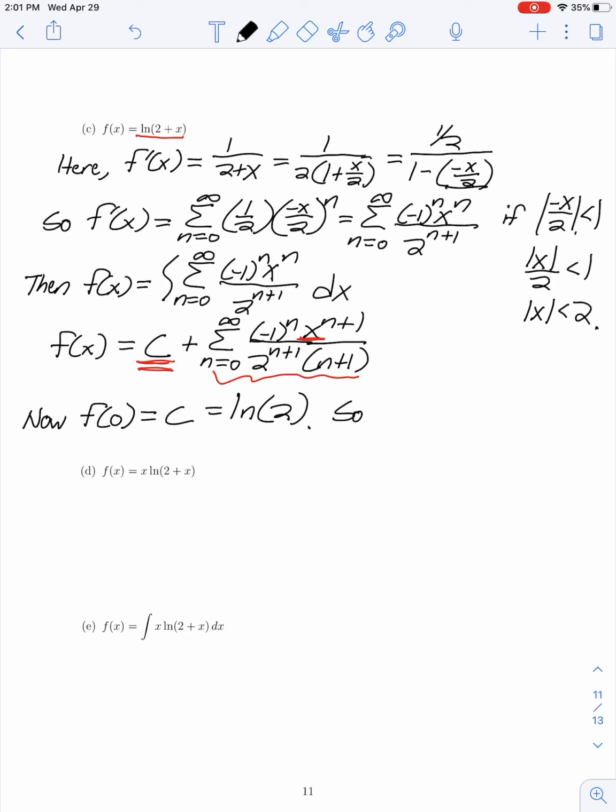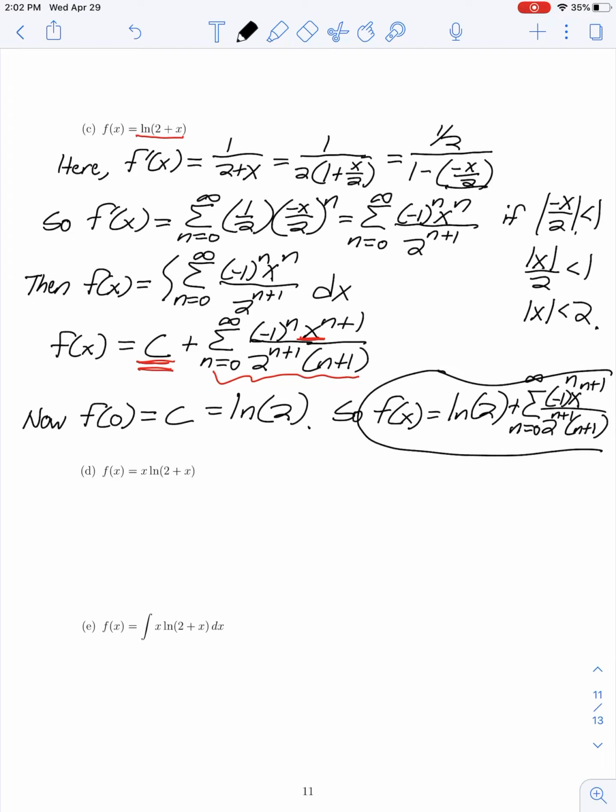So we find that f of x can be represented as the natural log of 2 plus the sum from n equals 0 to infinity of negative 1 to the n times x to the n plus 1 all over 2 to the n plus 1 times n plus 1. So this would be our representation of the given function as a power series.